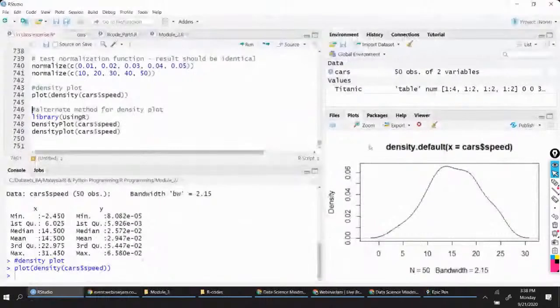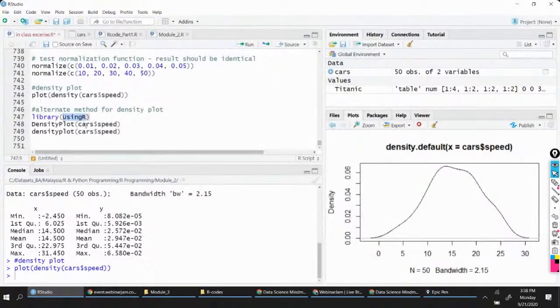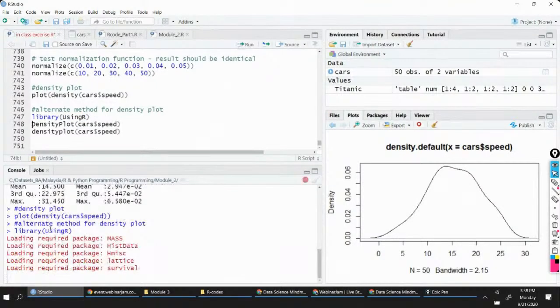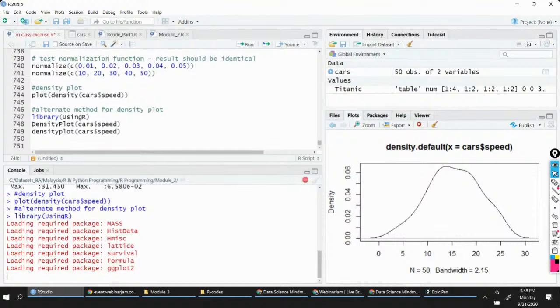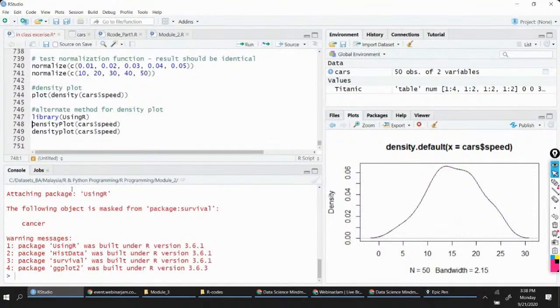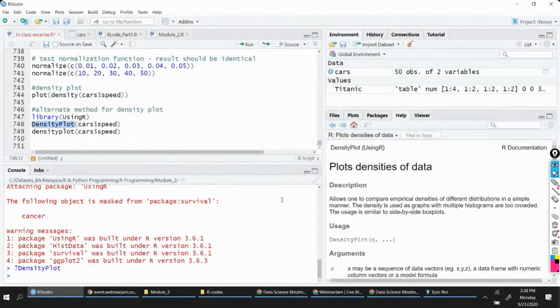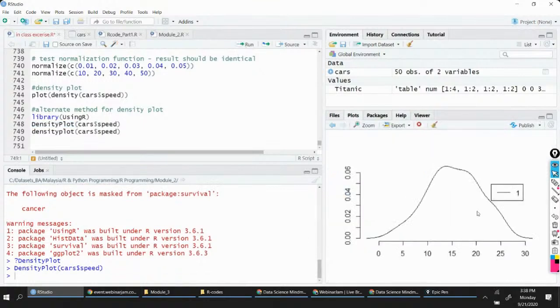You can also come up with a similar visualization using this library called using R. This library or package gives us the density plot function. If you put a question mark before densityplot, it is under using R, and it allows one to compare empirical densities of different distributions in a simple manner. So you just execute it, and you can see it is calculating this density.